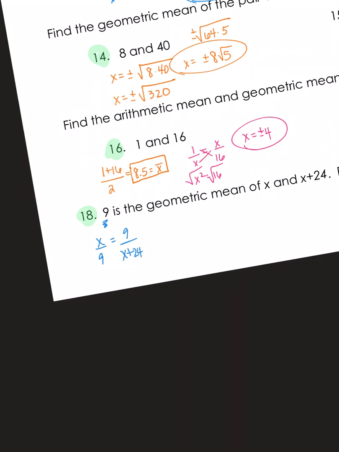And if we cross multiply, we get 81 equals x times x plus 24. We'll distribute here. We get 81 equals x squared plus 24x. That's a quadratic, so we need to set it equal to 0.